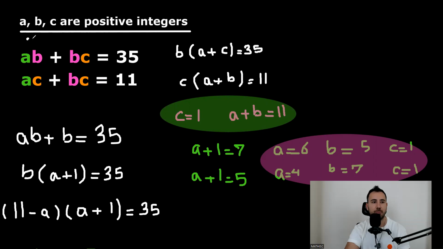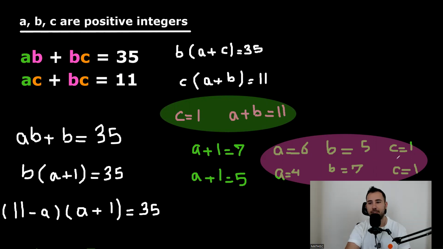So this would be 30. B is 5, C is 1. Yes, 30 plus 5 is 35. This works. And in the other equation, A is 6, C is 1. This would be 6 plus BC, which is 5, 11.